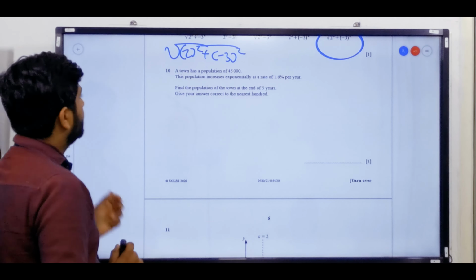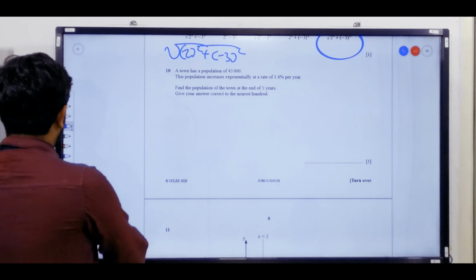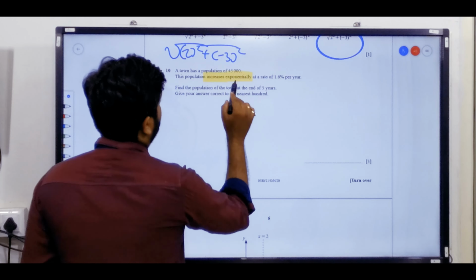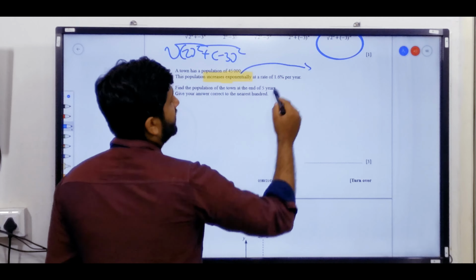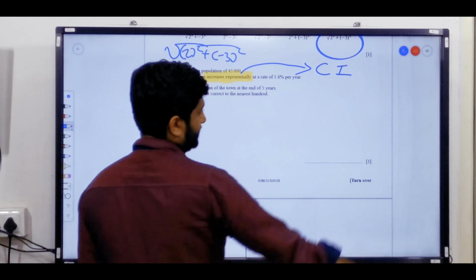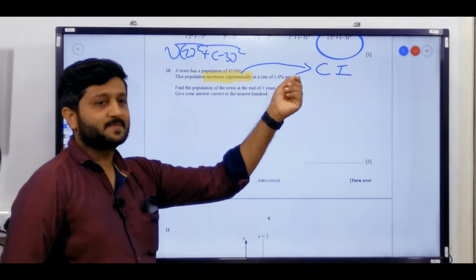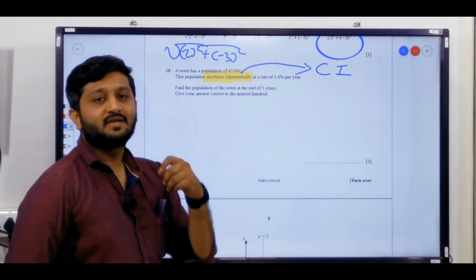Next question. A town has a population of 45,000. The population increases exponentially. Whenever the term exponentially comes, you simply apply the formula of compound interest, at a rate of 1.6% per year. Find the population of the town at the end of 5 years.